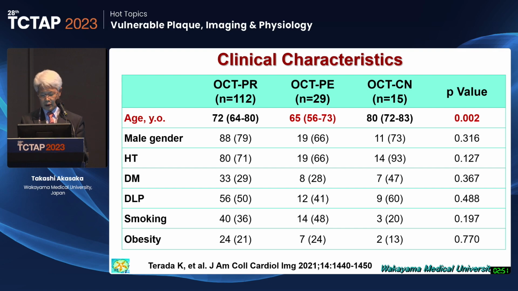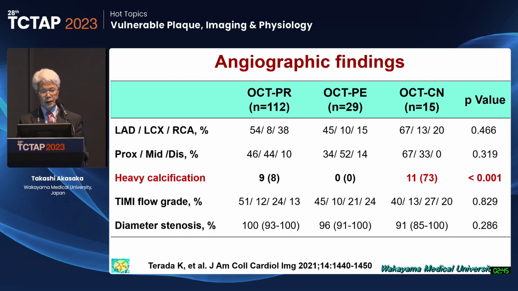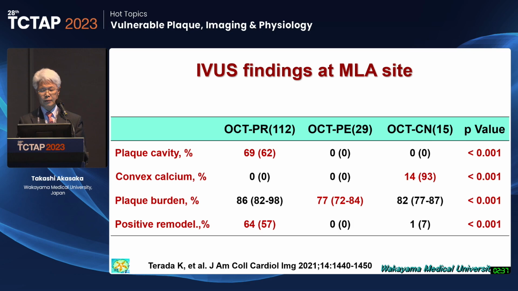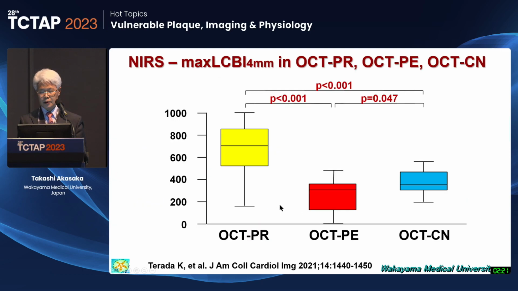And these are the clinical characteristics: plaque erosion is much more frequent in younger patients. And these are the angiographic findings. As you might expect, heavy calcification is very common in calcified nodule. And this is an IVUS finding at the MLA site. We can identify even IVUS rupture. And also the plaque burden is significantly smaller in plaque erosion, and positive remodeling is higher in plaque rupture.